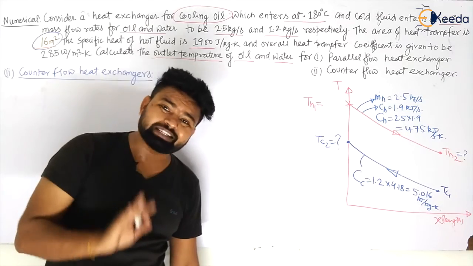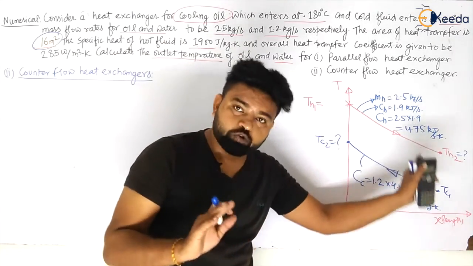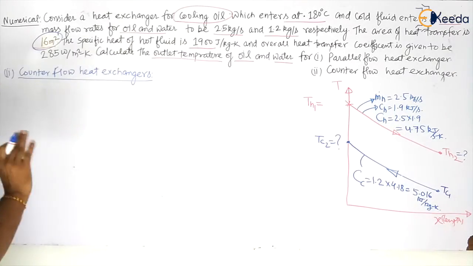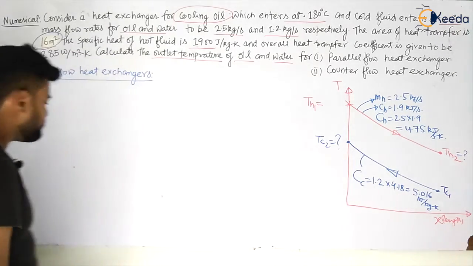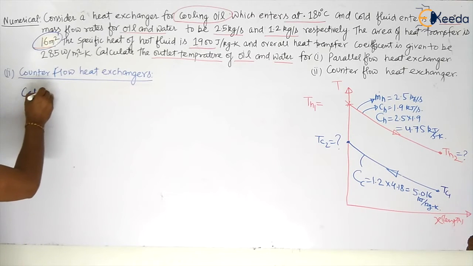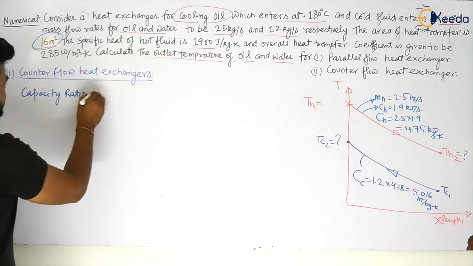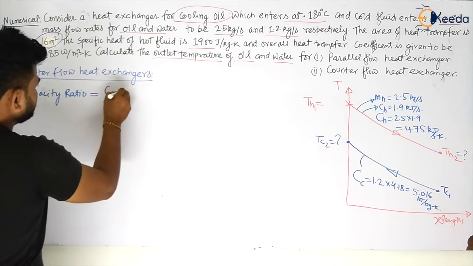Now in counter flow case also the heat capacity is minimum for the hot fluid again. Now as it is minimum for the hot fluid, let us calculate the capacity ratio, my dear students. The capacity ratio will be given by C minimum by C maximum again.